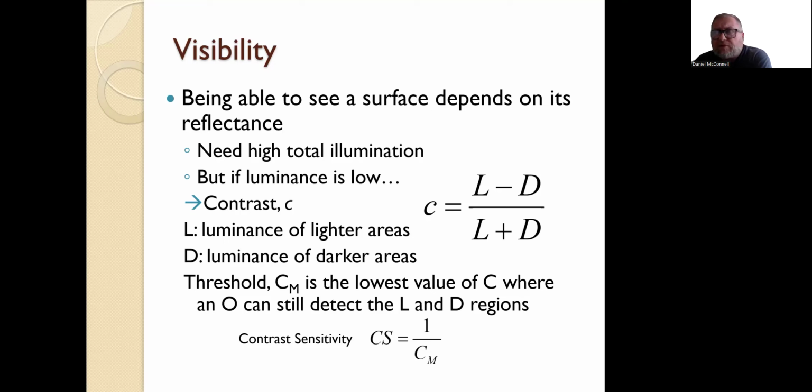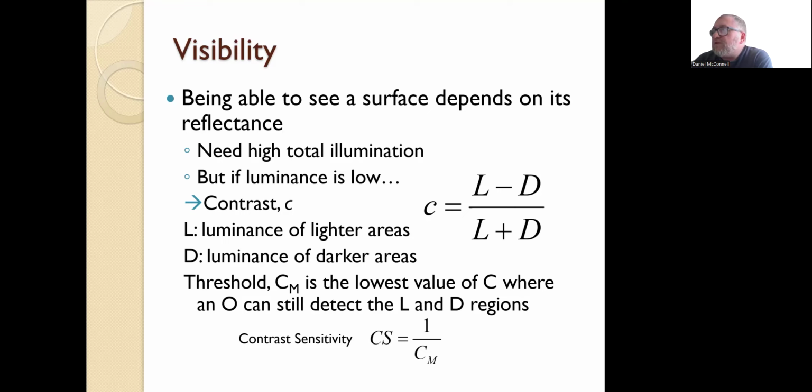So when the total light is low, in the dark environments, it's harder to see those kinds of low contrast edges, right? So in order to see an edge, a boundary between a light and a dark area in a low illumination environment, everything needs to be very high contrast at that point.